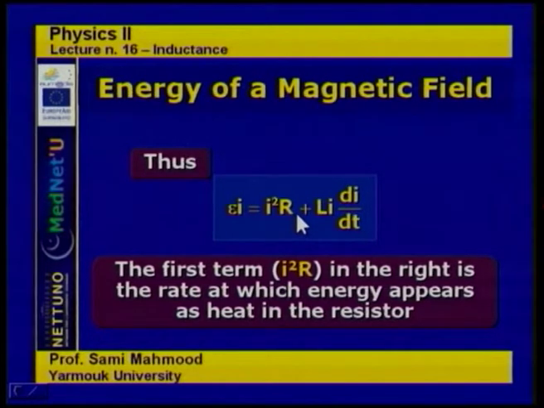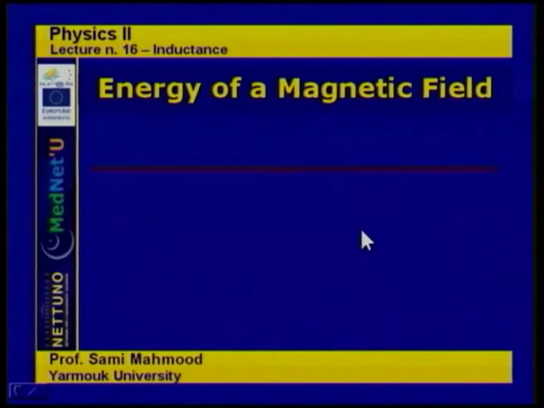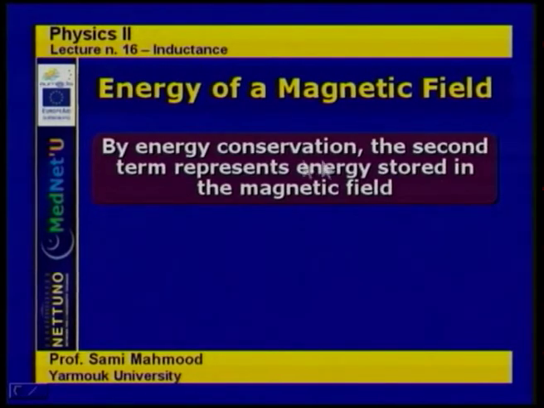If this is the total power delivered to the circuit by the electromotive force, part of this power appears as heating, so the rest of the power, due to conservation of energy, must be stored in the inductor in terms of L I dI by dt. So by energy conservation, the second term should represent energy stored in the inductor.